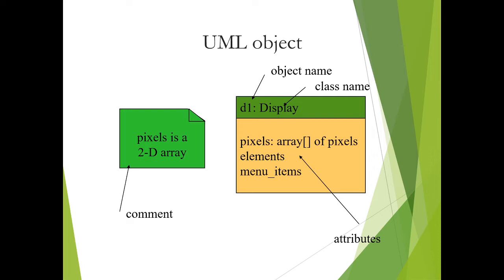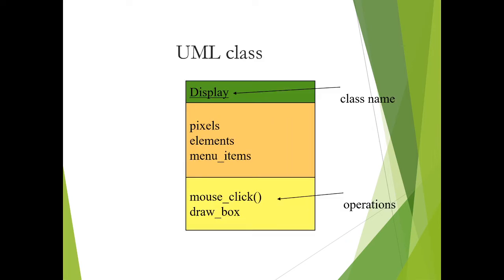This is a UML class diagram. On the top bar it has the name, then we have attributes, and below we have the operations. The operations are like functions or methods; every object of this class has these attributes and these operations.